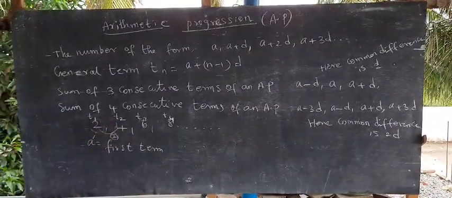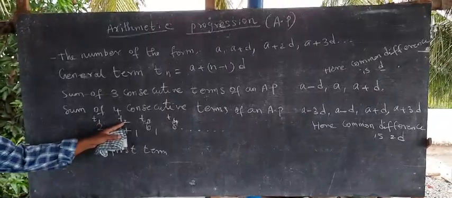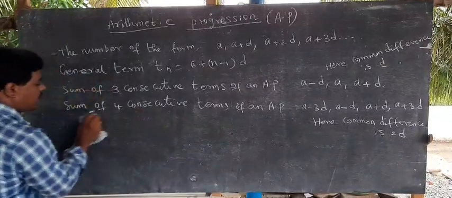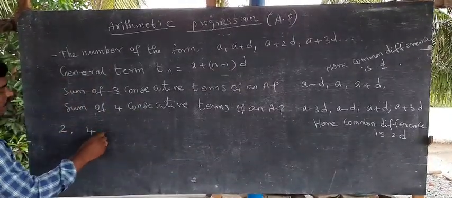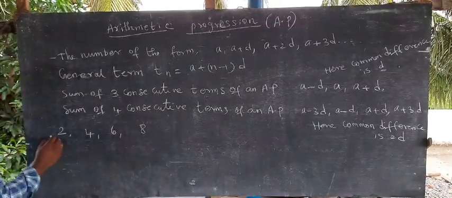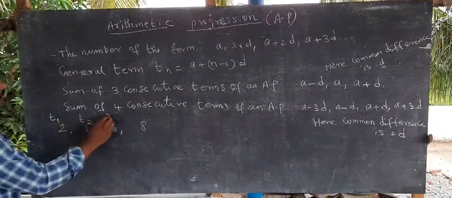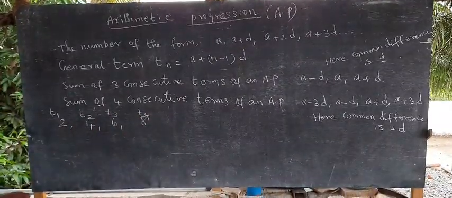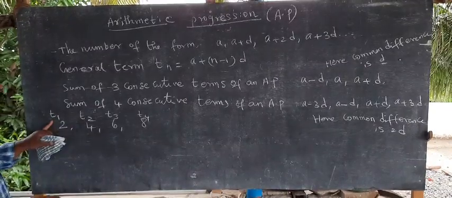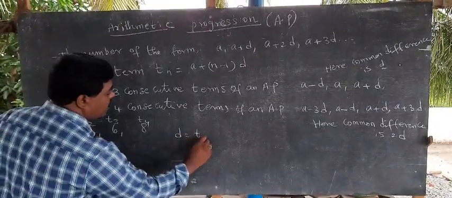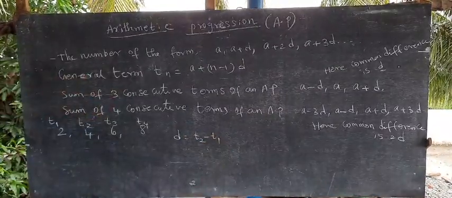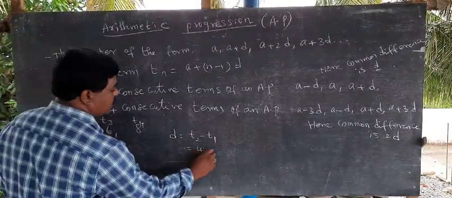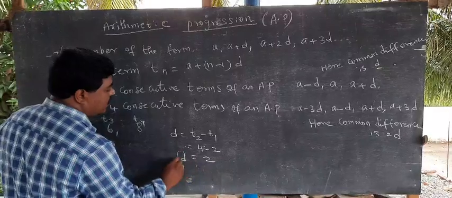How do we calculate the difference? The formula is D equal to T2 minus T1. For 2, 4, 6, 8, I mentioned T1, T2, T3, T4, and the first term A. T2 is 4, so 4 minus 2, we get the answer 2.